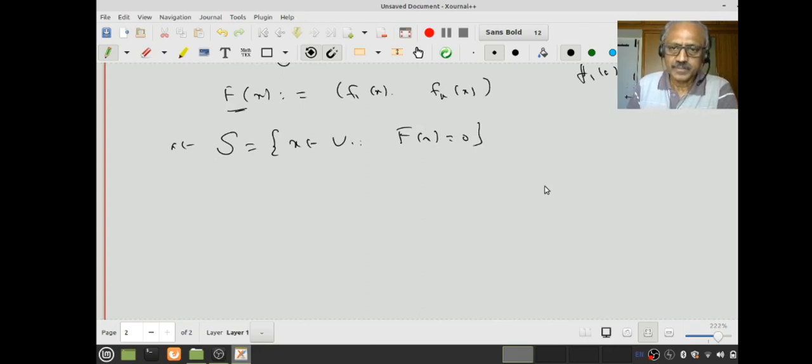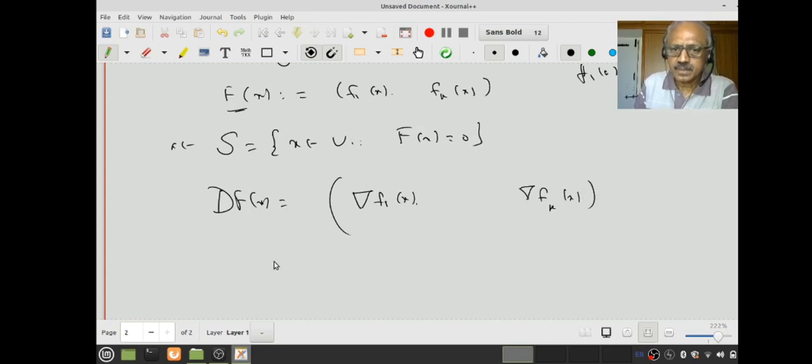Please go ahead. If you remember, the derivative of F at x has the first column vector being the gradient of F1 at x, and the kth column vector being the gradient of Fk at x. That is, this is the Jacobian matrix of this.